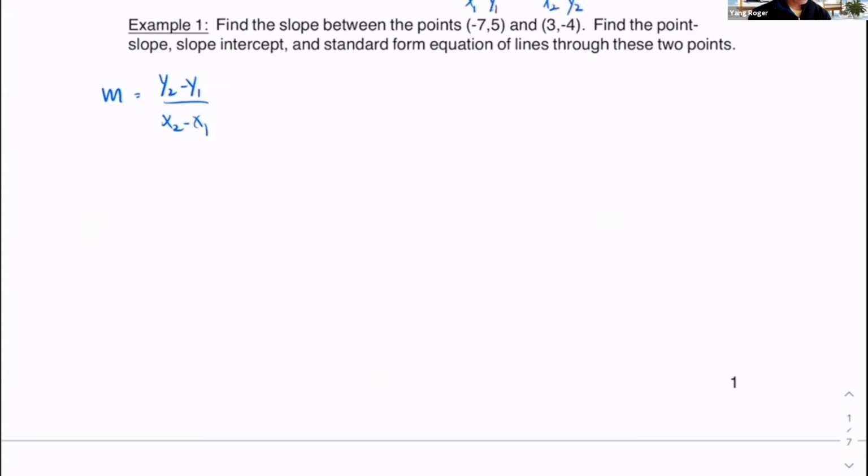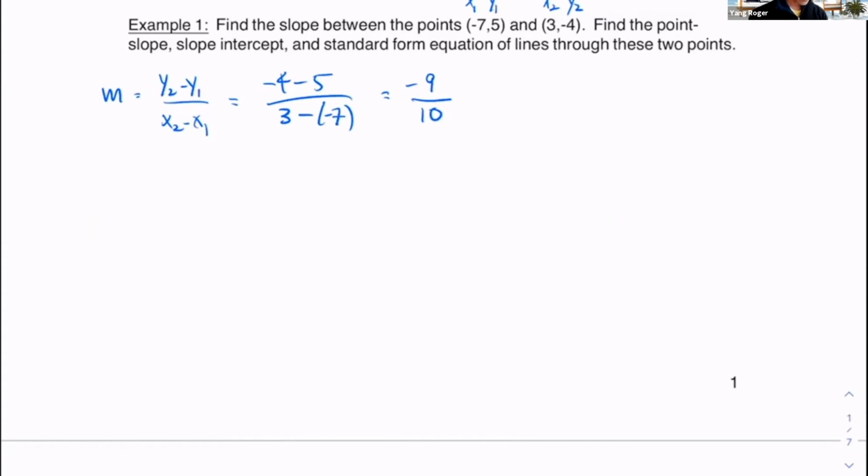Once I've labeled it, it's easy for me to just copy it. So it'll be -4 minus 5, that's the numerator, and the denominator would be 3 minus -7. When you simplify this, you're going to get -9/10. Are there any questions about that?